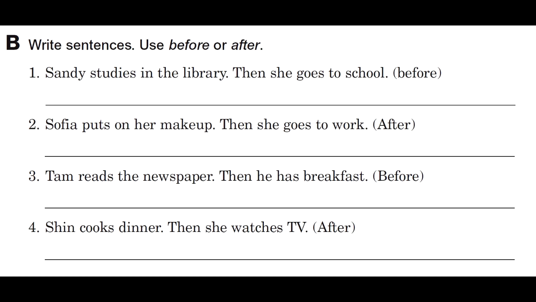Number 4, Shin cooks dinner. Then she watches TV. So we need to use after at the beginning. And after introduces the first activity. So we can say, after Shin cooks dinner, she watches TV.